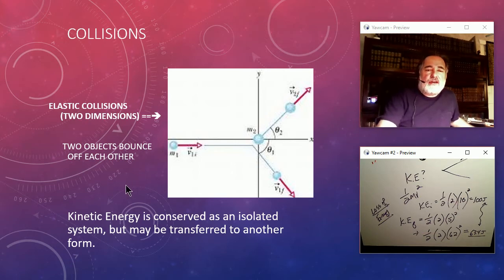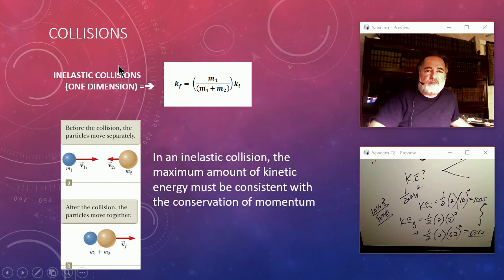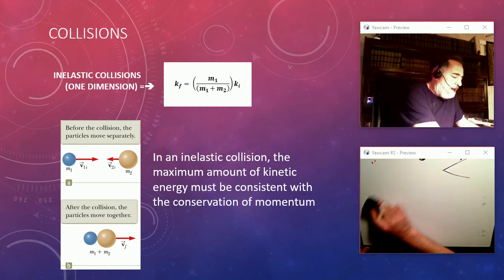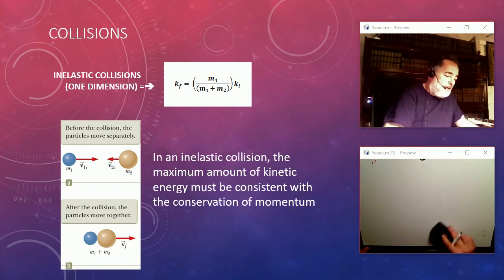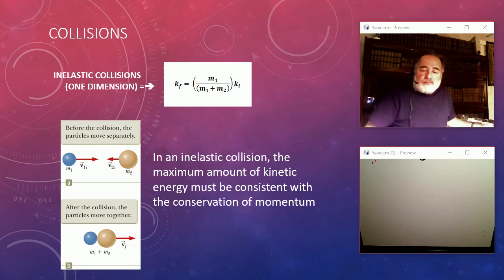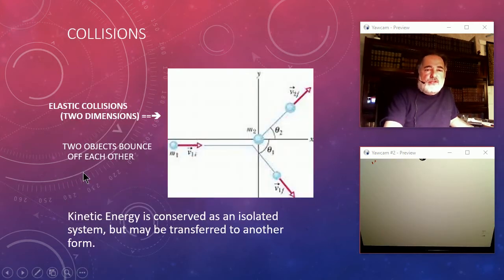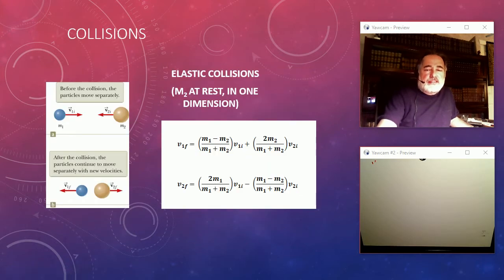So kinetic energy is not conserved, but the energy may be transferred into another form. In a sense, we have a little bit of an inelastic condition. What is inelastic? Again, we stick together, as in this example. Ball 1 and ball 2 hit, and they stick together.